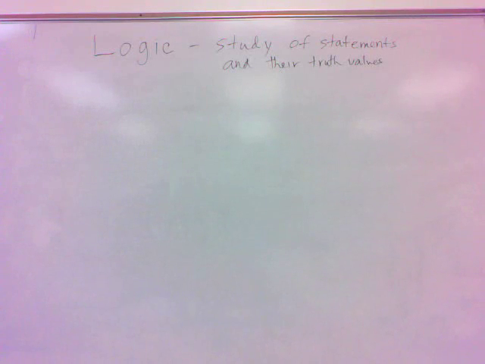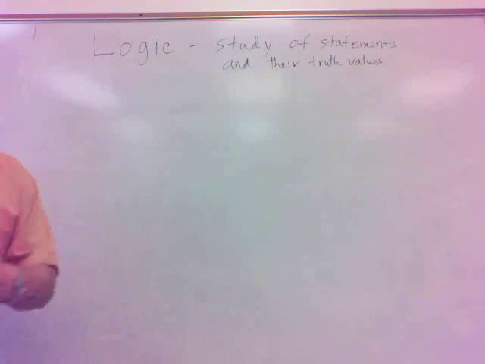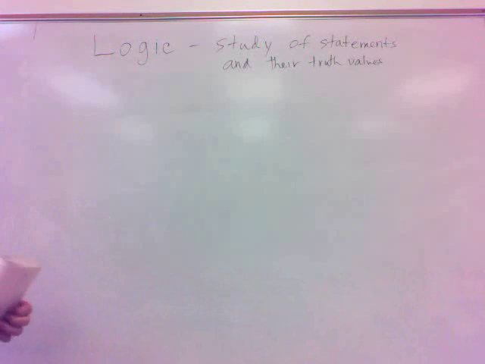In logic, you break everything up into a statement. And by statement, we mean anything that can have a true value or a false value. It doesn't have to be always true or always false. It can be true sometimes, false sometimes. But that's what we're studying in logic: statements and their truth values, and then we'll get into statements, compound statements, and all that good stuff.